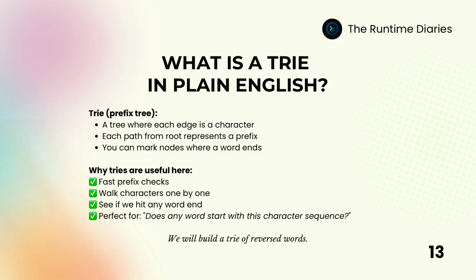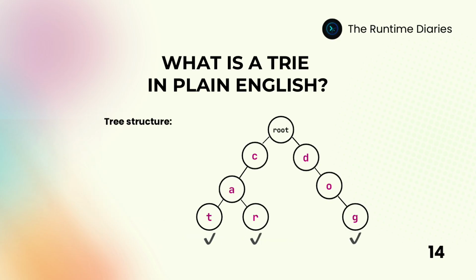Alright, but what even is a trie? Let's demystify this. A trie, spelled T-R-I-E, sometimes called a prefix tree, is just a tree data structure where each edge represents a single character. Each path from the root spells out a prefix of some word. We can mark nodes where complete words end. So here's an example.